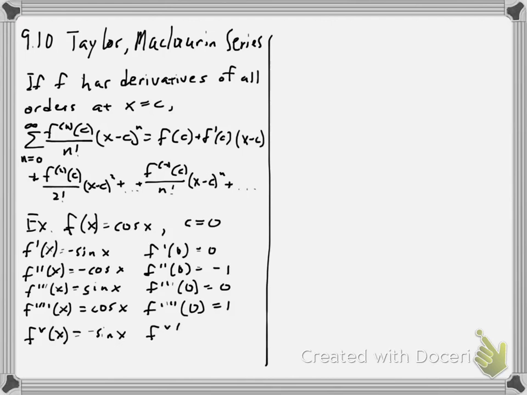And the fifth derivative at 0, of course, is 0. We can also write down the sixth derivative. It's minus cosine, and if we evaluate it at 0, we get minus 1. So you can see a pattern building up in the evaluations of these derivatives: 1, 0, minus 1, 0, 1, 0, minus 1, 0, and so on.